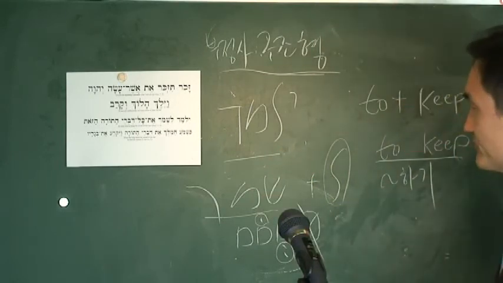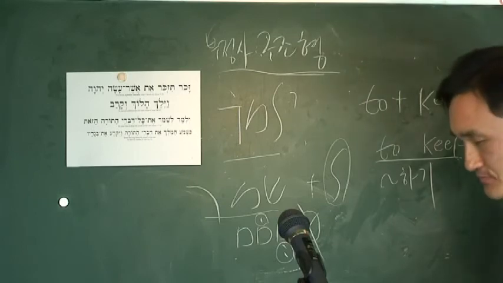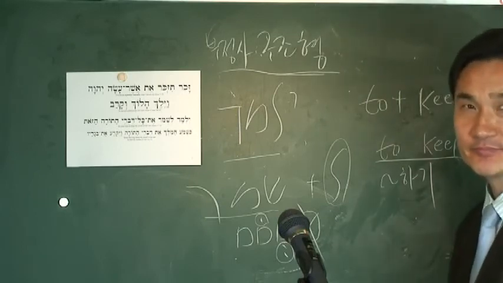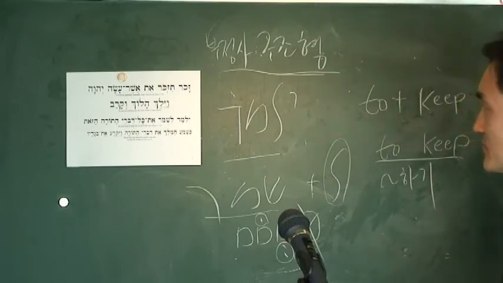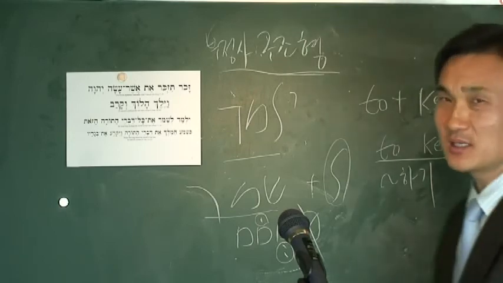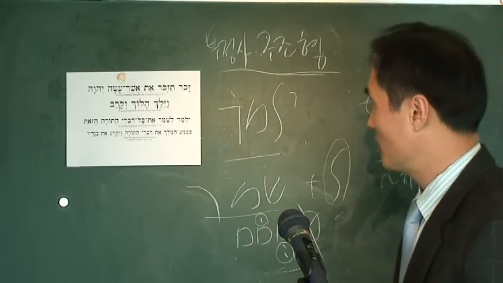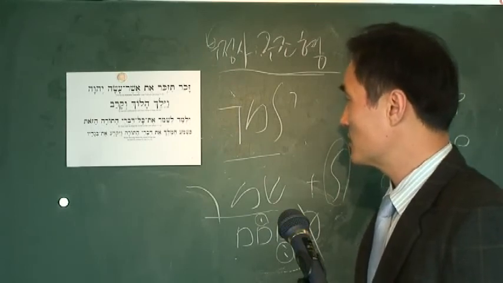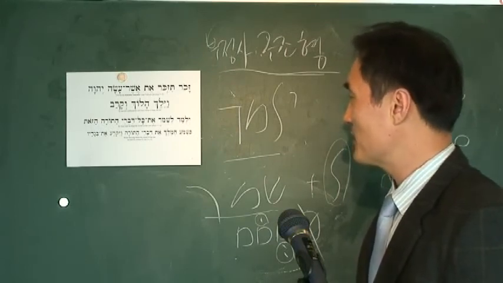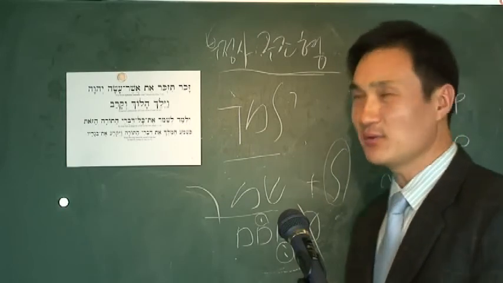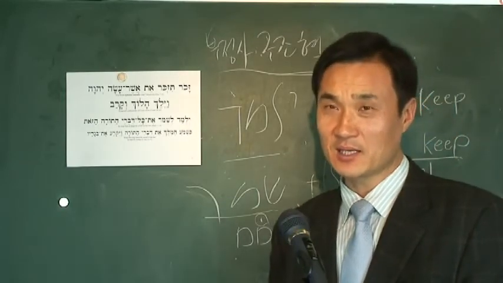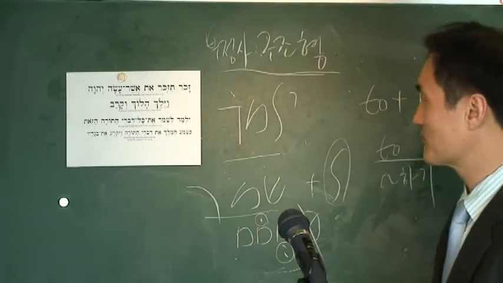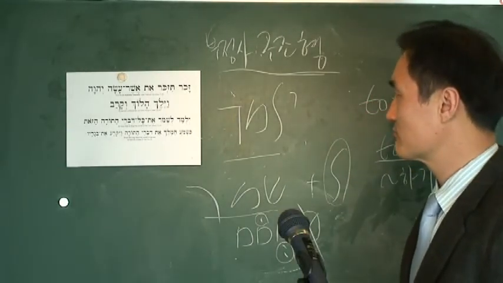When interpreted together with the main verb ilmad, it would be he must learn to keep. This entire sentence can be interpreted as he must learn to keep the words of this law.